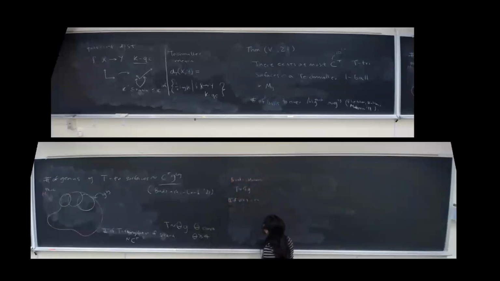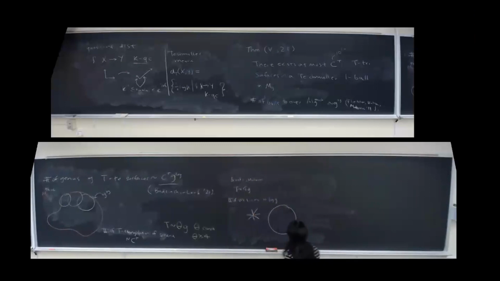The number of vertices is very small. It's like log G, so it's like 4D plus log G or something. And the flat metric looks like this, where each of these is supposed to be an equilateral triangle. But when you put the hyperbolic metric on it, this becomes like a disk.